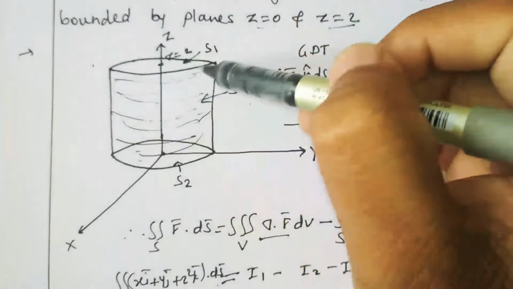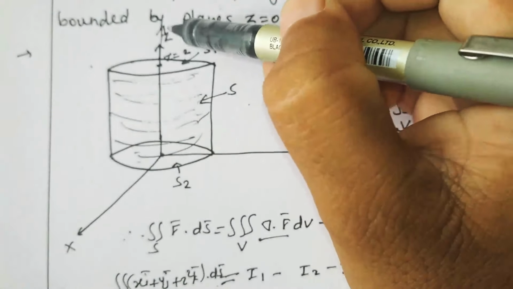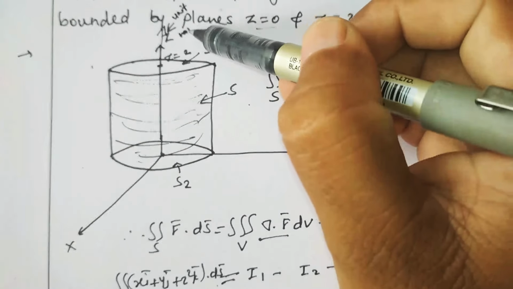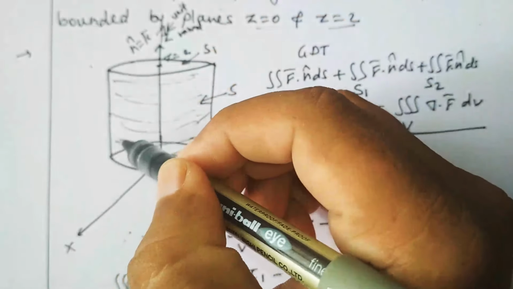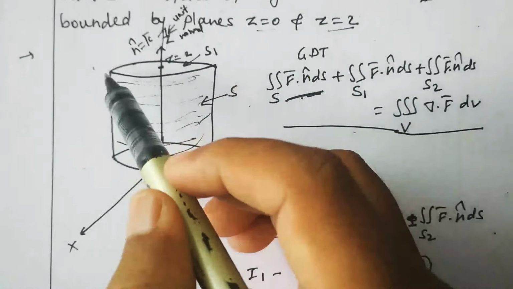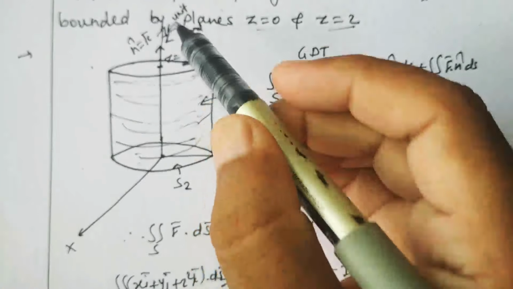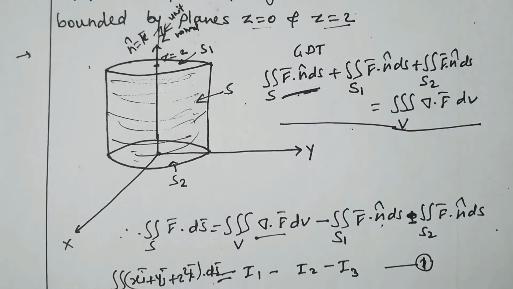For this surface, the unit normal in the outward direction is along k bar. Since this surface is the top surface along the z axis, the value of n cap for this S1 surface is equal to k bar.